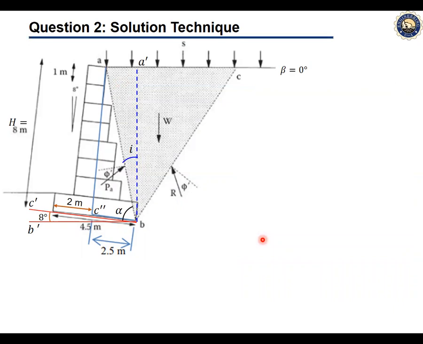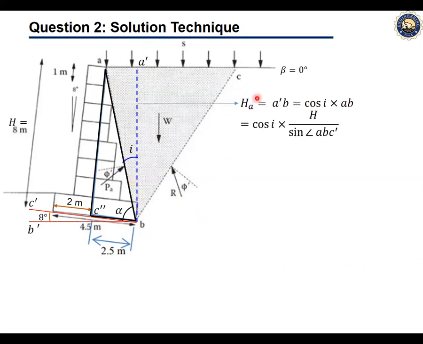Now, using our trigonometric calculations and ratios, we can estimate the other dimensions adjacent to the gabion. Firstly, to find the length of line A prime B, we can easily determine it using the formula HA equals A prime B times the cosine of the I angle.